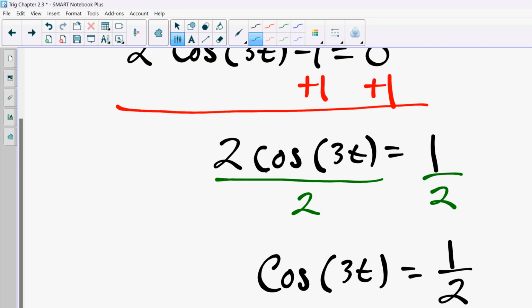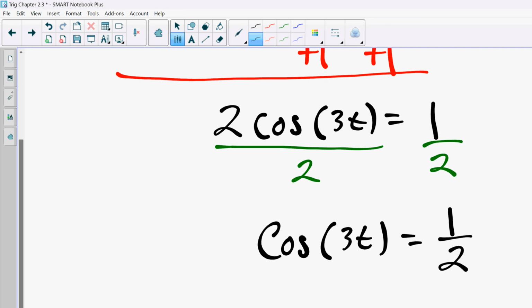Because everything we've done up to this point has been the exact same as what we've done before. There's been no change. And again, finding the value for this here isn't going to be any different, except for now, instead of just saying t or x or theta, we have 3t. So we're trying to see what angle cosine of 3t would be for it to equal 1/2.